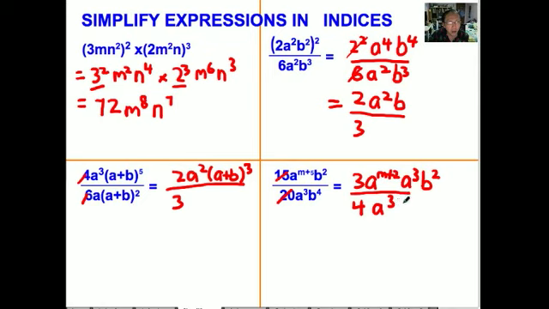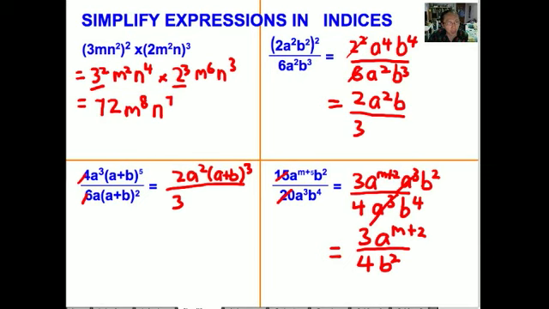In this way, we can cancel a to the power of 3. Thus, we have 3a to the power of m plus 2 over 4. b squared cancels with b to the power of 4, giving b squared in the denominator.